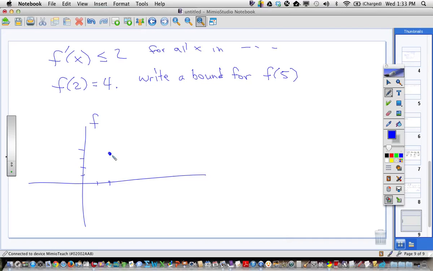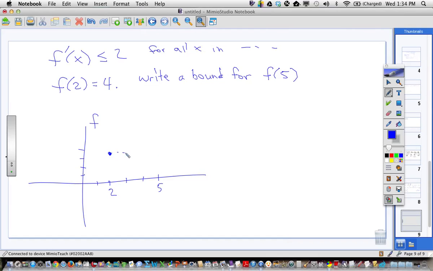If this was a speed problem, I'm telling you where I start. And where am I going? To an x value of 5. What I want to know is where could the f graph possibly go, and where could it possibly end up at f of 5?